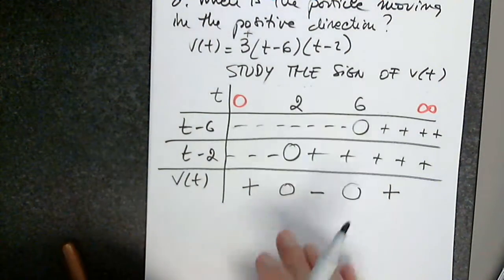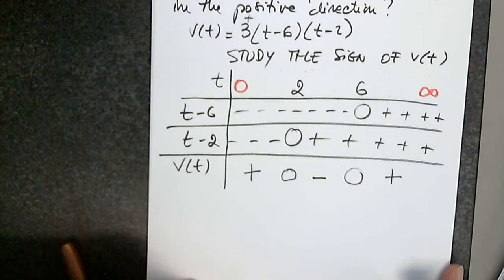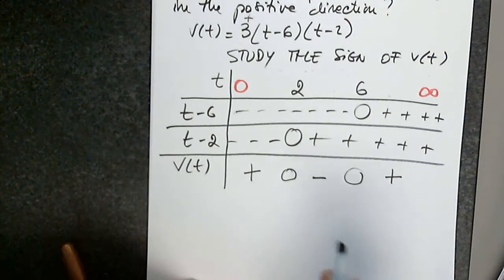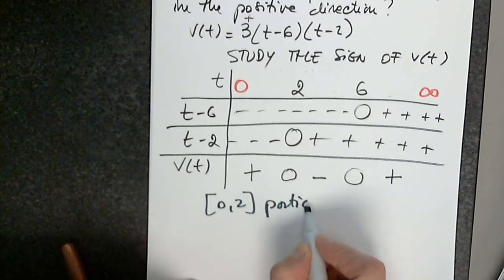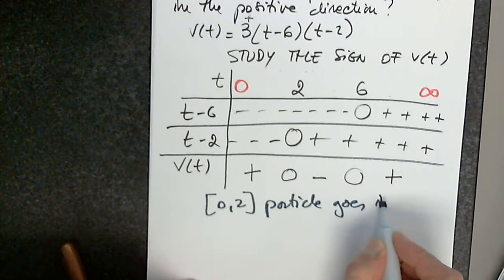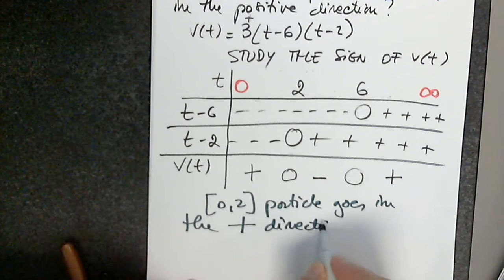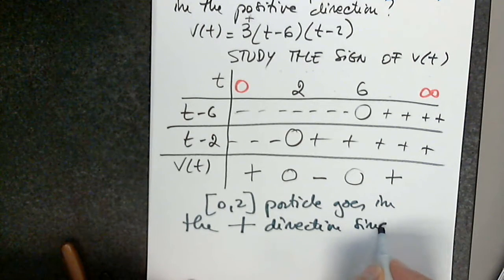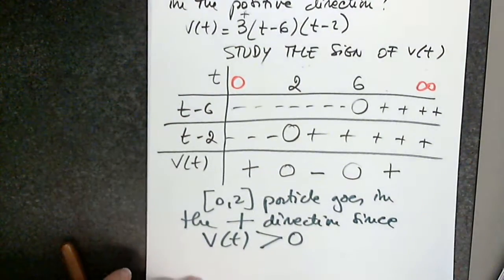Between 0 and 2, does the particle go in the positive direction or a negative direction? Right. Between 0 and 2, the particle goes in the positive direction since v of t is positive.